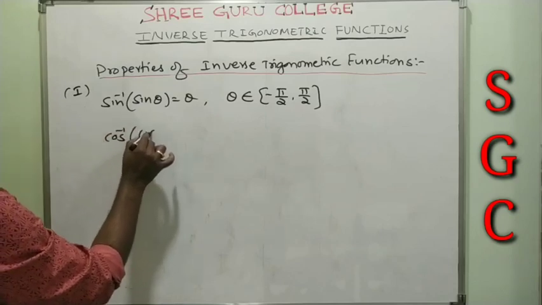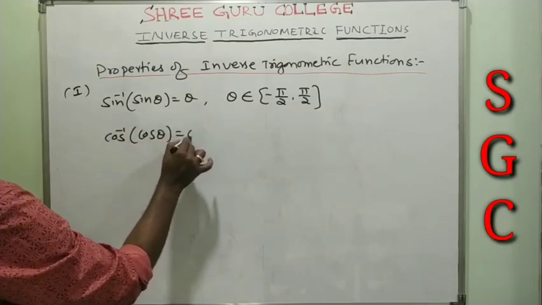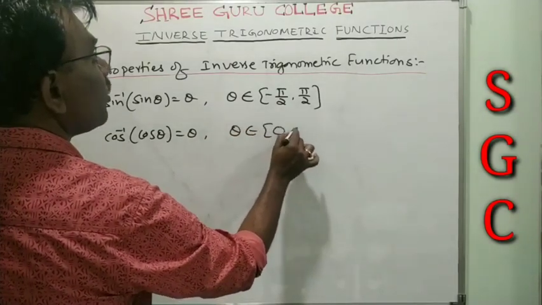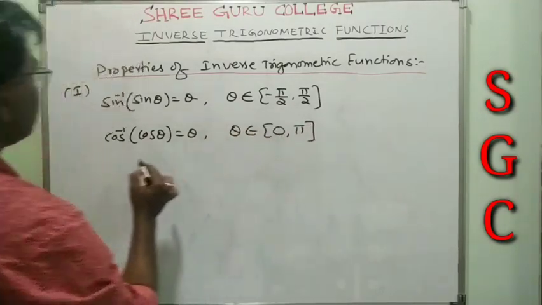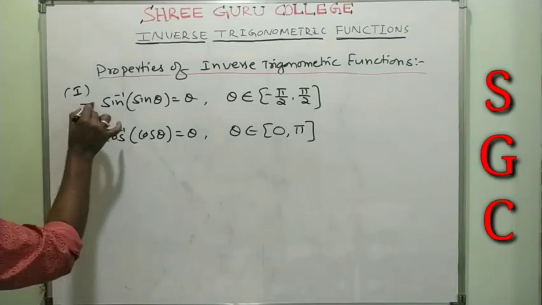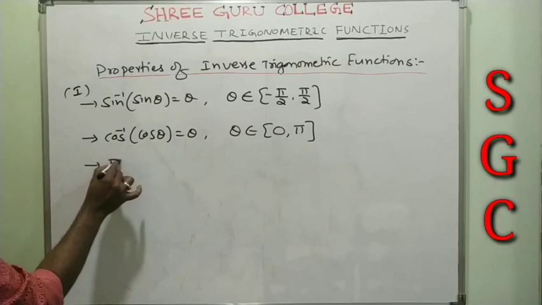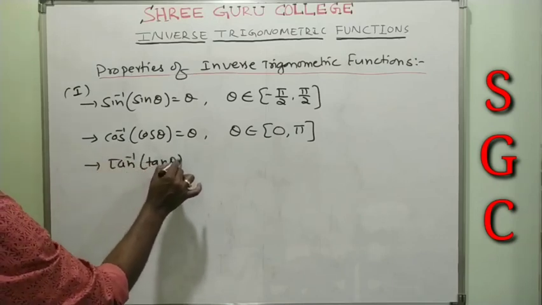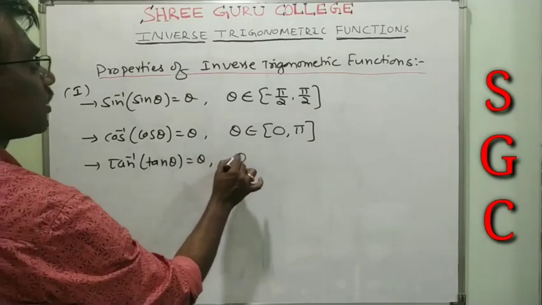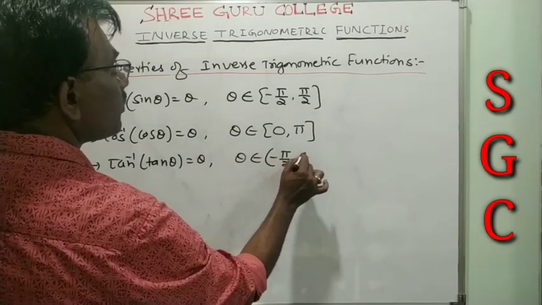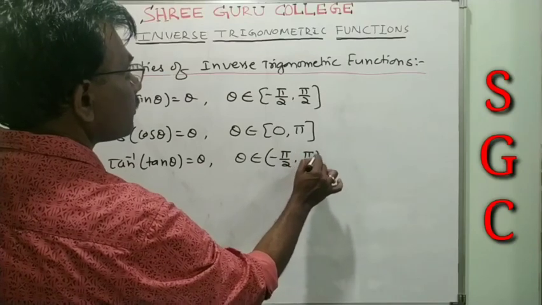Cos inverse of cos theta is theta, where theta belongs to 0 comma pi. Tan inverse of tan theta is theta, where theta belongs to minus 90 to plus 90, open interval.